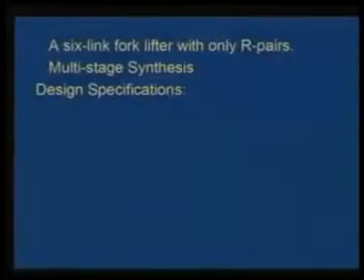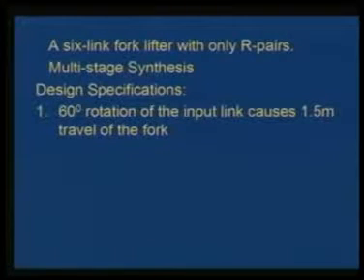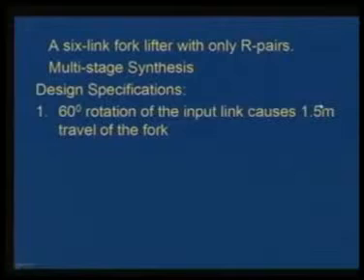The design specification, for example, in this particular mechanism, let us represent it by the following parameters. First, a 60-degree rotation of the input link should cause 1.5 meter vertical travel of the fork. That means as the input link crank rotates through 60 degrees, the fork should travel almost along a vertical line through a distance of 1.5 meter.